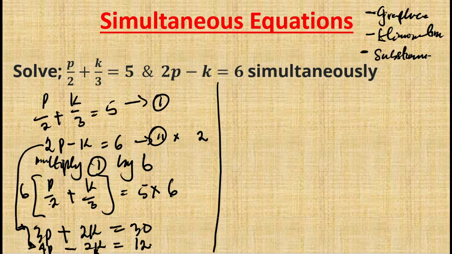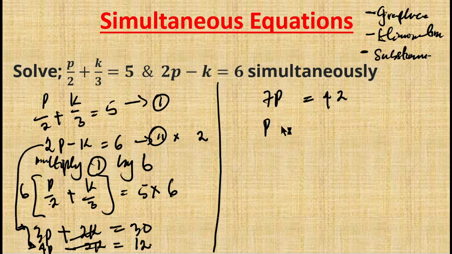Adding, plus 2k minus 2k cancels out. So I'm left with 3p plus 4p, that's 7p equals 30 plus 12, that's 42.